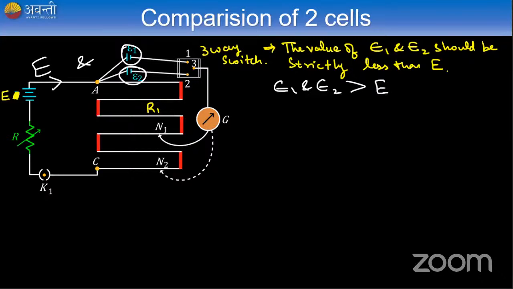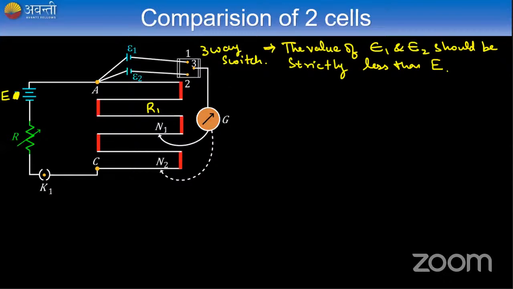This external battery EMF is always compared with the additional EMFs, the test cells. The test cells' EMF is always compared with the main battery EMF. Suppose the test cells have more voltage than the EMF connected, then the current may flow in the opposite direction and there won't be a deflection in the galvanometer.